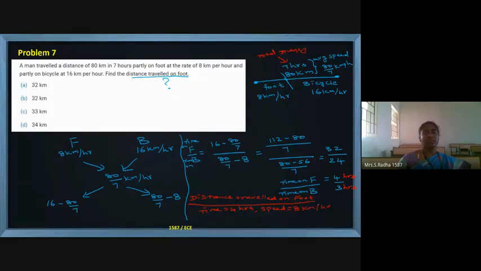So distance is nothing but speed into time. The basic formula is speed equal to distance by time. We want distance, so speed into time. 4 into 8 is 32 kilometers he traveled on foot.